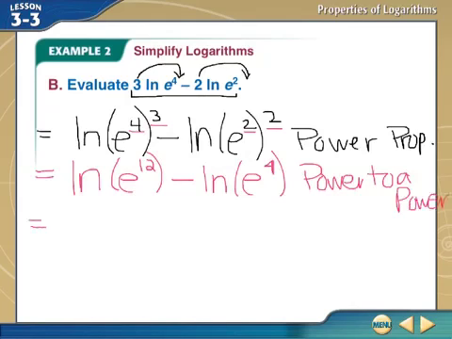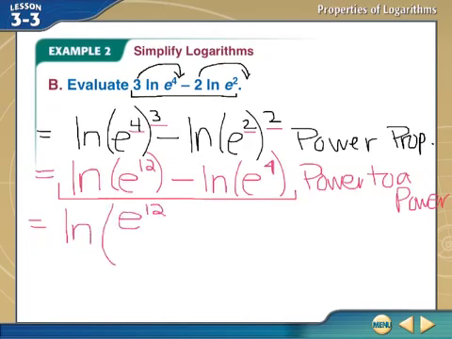And from here, we can apply the quotient property to combine these logarithms. Because our logarithms have the same base, they're both natural log, which means they're base e. If we're subtracting 2 logarithms with the same base, we can combine that by using the quotient property. So I have a single natural log of e to the 12th over e to the 4th.